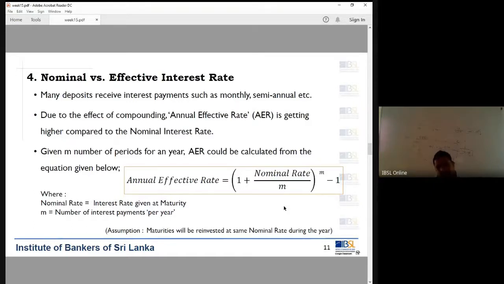So 0 to 3, 3 to 6, 6 to 9, and 9 to 12, 4 instances. So the nominal rate of 8.5 shall be divided by 4, the number of interest payments, and multiplied by 4 to denote the number of interest payment periods per year.